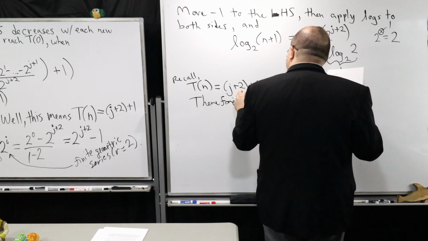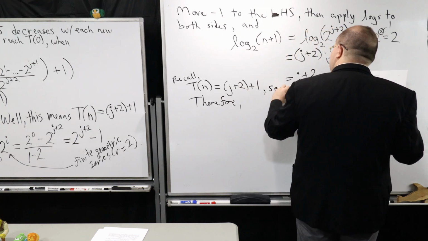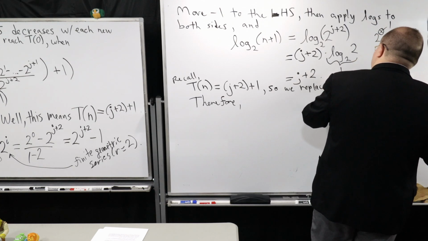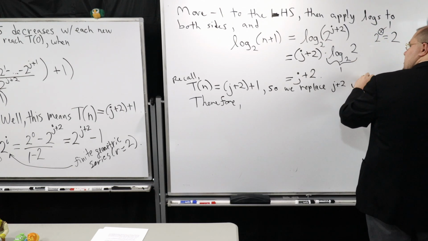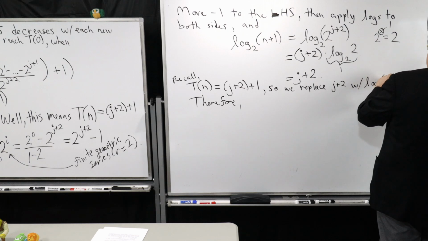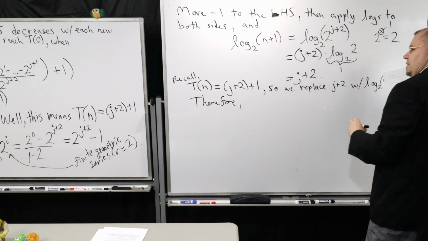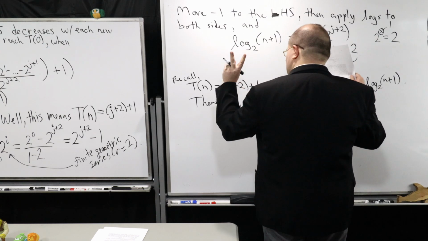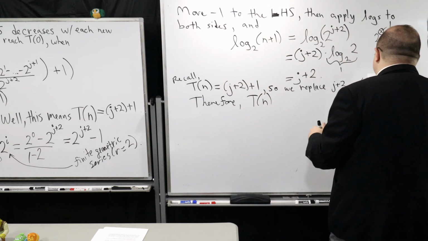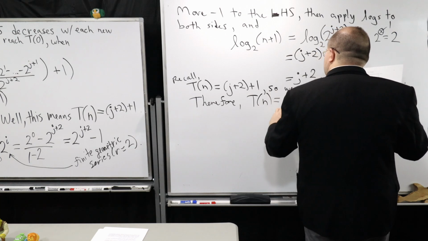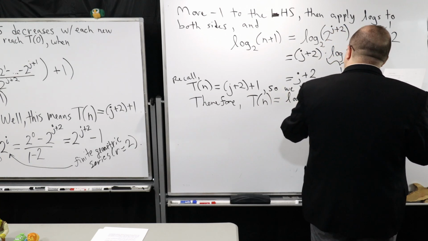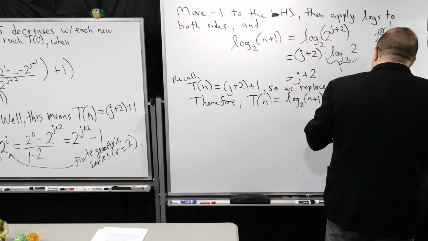We replace j plus 2 with log base 2 of n plus 1. Therefore, here's our solution to the recurrence relation: T of n is equal to log base 2 of n plus 1 plus 1.